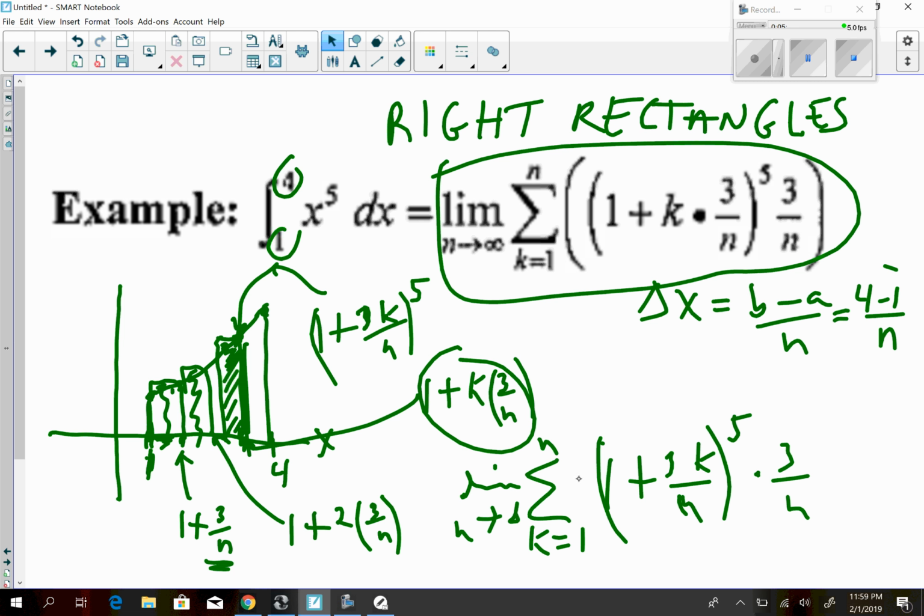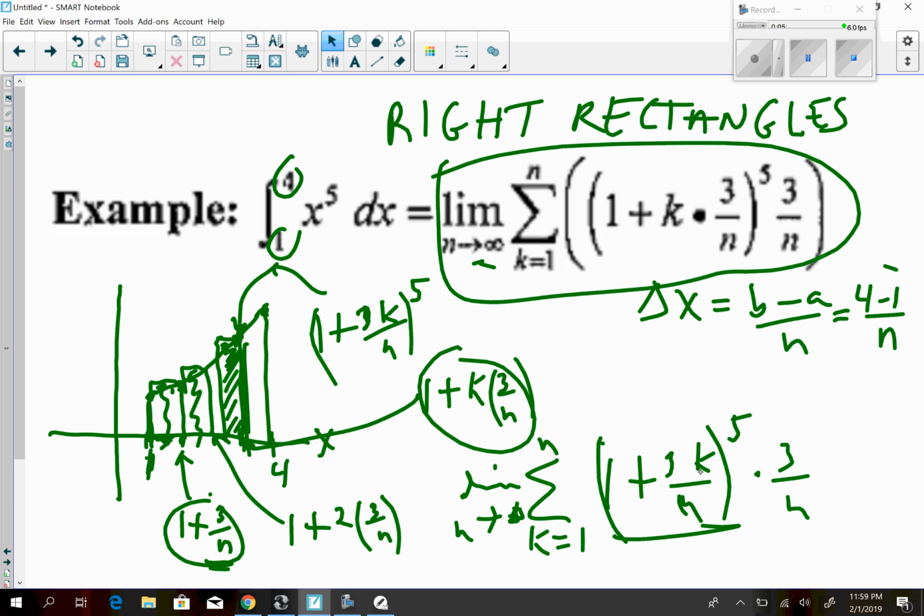The limit of this Riemann sum as n approaches infinity, that's what that's supposed to say, is the same as this definite integral. So just notice that if k is 1, this thing right here becomes that to the fifth.